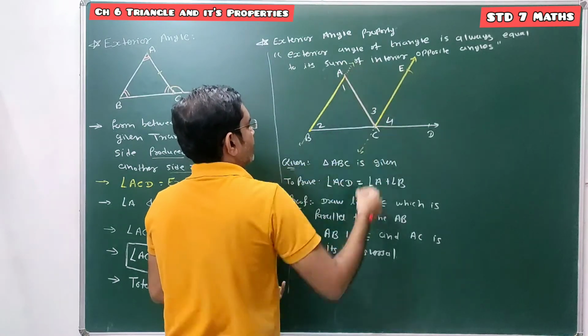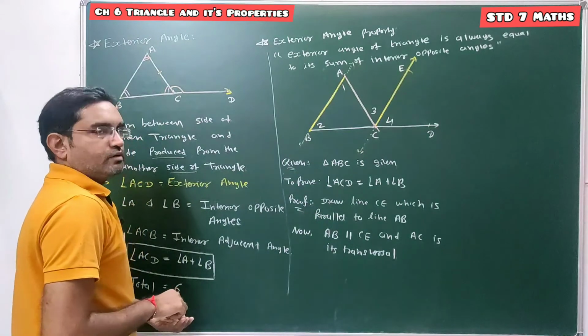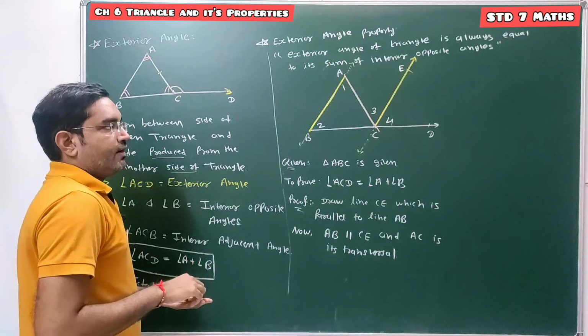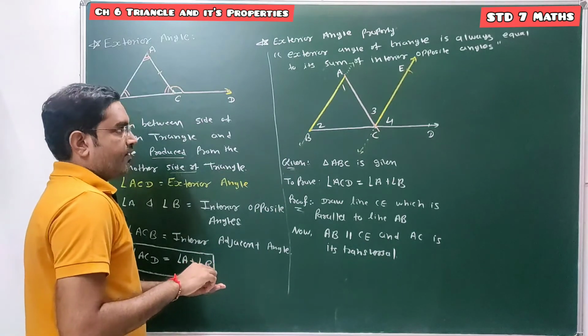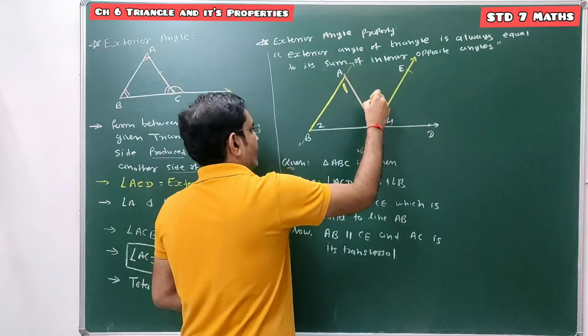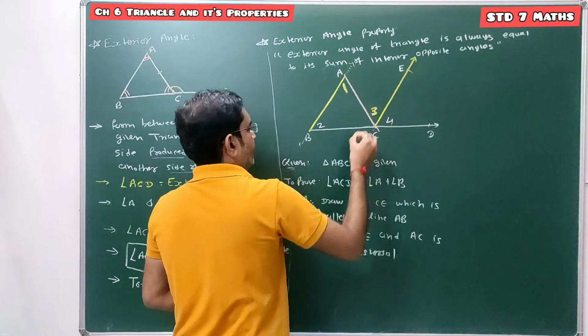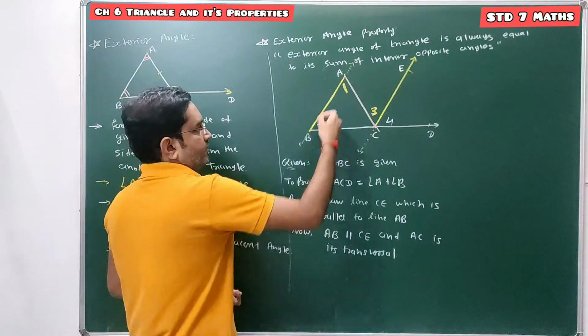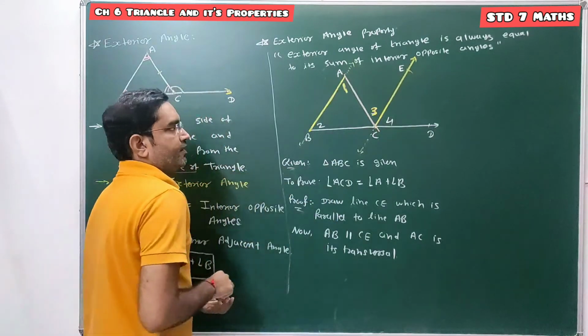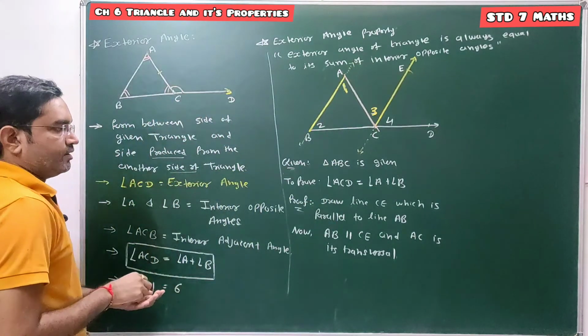So AC is the transversal. When a transversal intersects two parallel lines, alternate interior angles are formed, and those alternate interior angles are equal. So here angle 1 and angle 3 are alternate interior angles. Check it. There are 4 interior angles in total, and angle 1 and 3 are alternate interior angles, and alternate interior angles are equal.